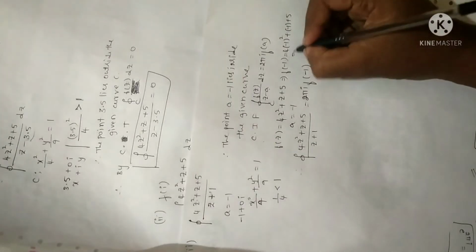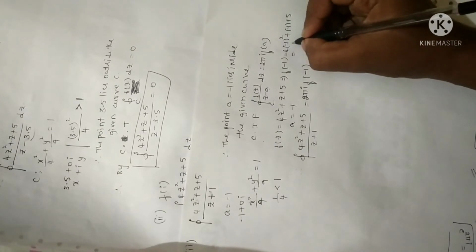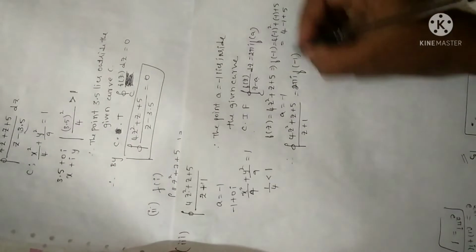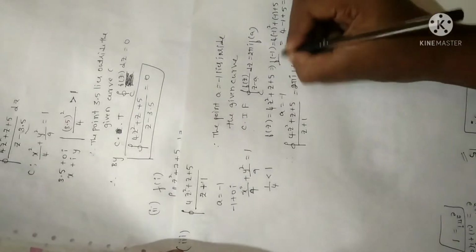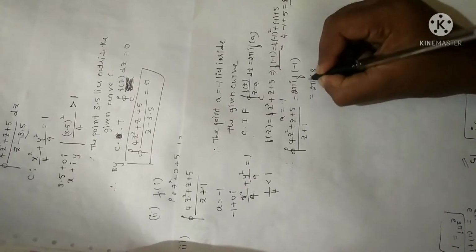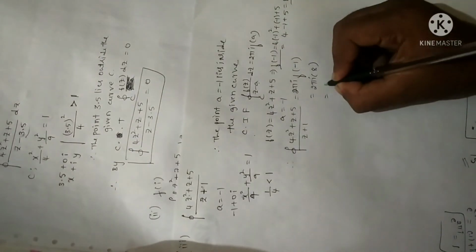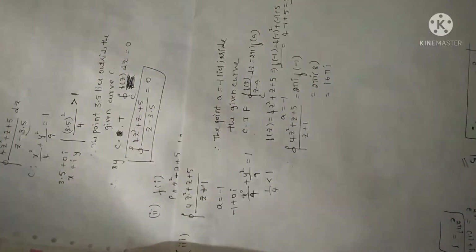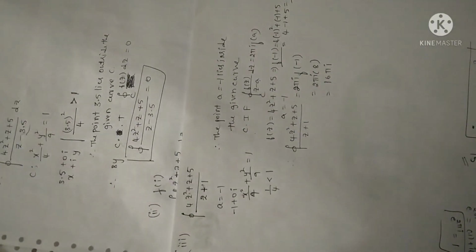So what you're going to get is -1 whole square is +1. +1 into 4 is 4. -1 plus 5. 4 minus 1 is 3. 3 plus 5 is 8. So f of -1 value is 8. So let me replace 2 pi i into 8. So what you're going to get? 16 into pi i.